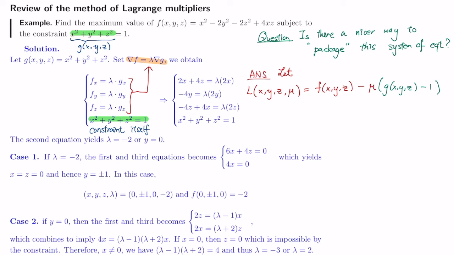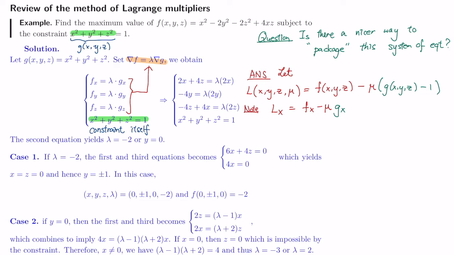Why is that a nice thing to do? Because, note, if you differentiate L with respect to x, then what do you get? You get f differentiated with respect to x, minus mu times this bracket differentiated with respect to x, you get just g_x.